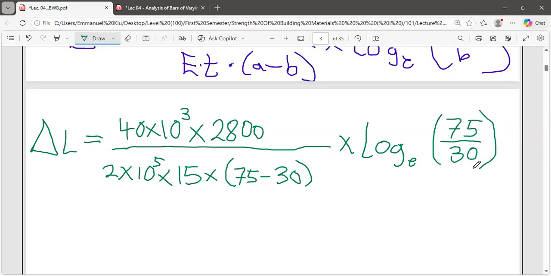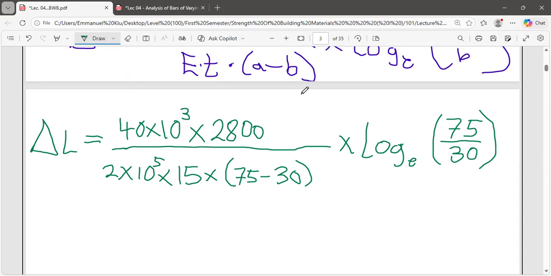So everybody, please let's all do this together and tell me the answer. In a few minutes' time, the link is going to be off. So 40 times 10 exponent 3, times 2,800, all over 2 times 10 exponent 5, times 15.